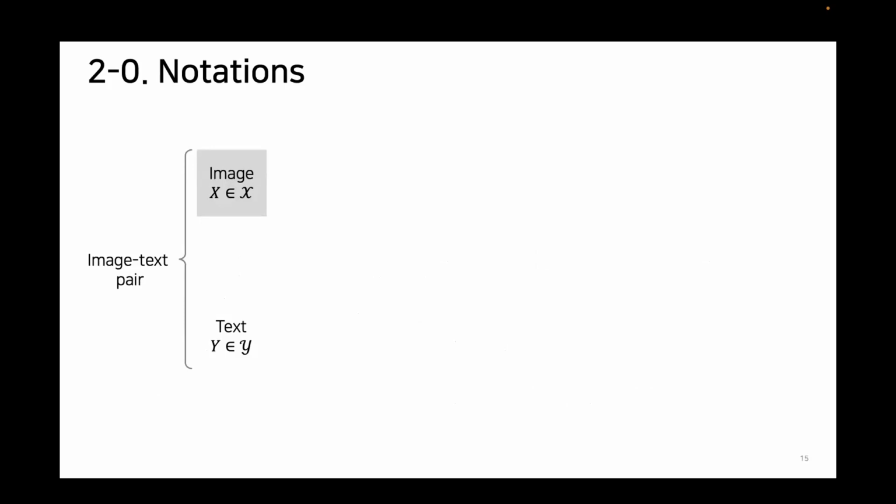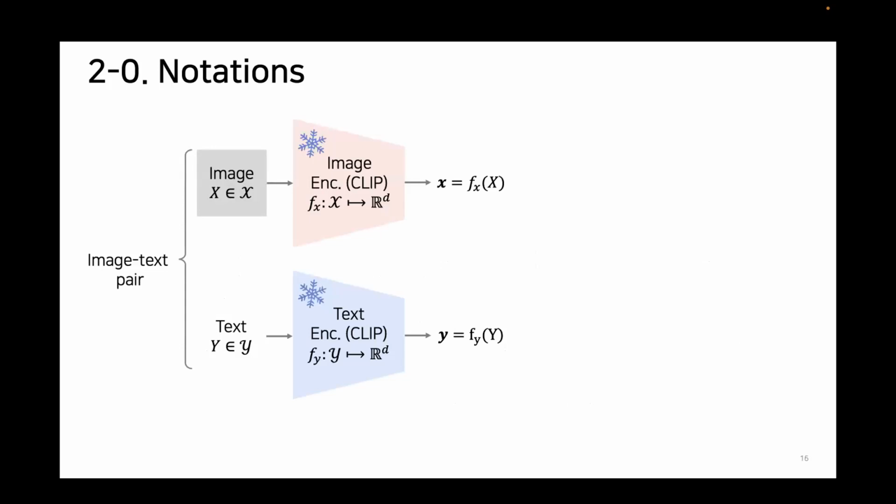When the image and text pair is given, image is denoted as large X and text is denoted as large Y. We can extract embeddings from pre-trained image and text encoders. They are denoted as fx and fy. Their embeddings are small x and small y.